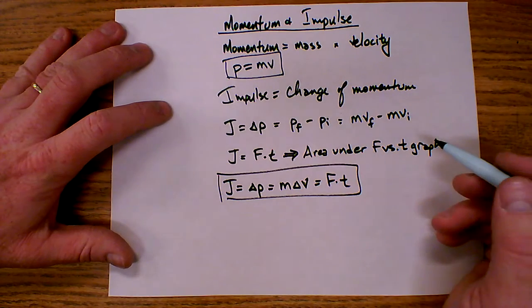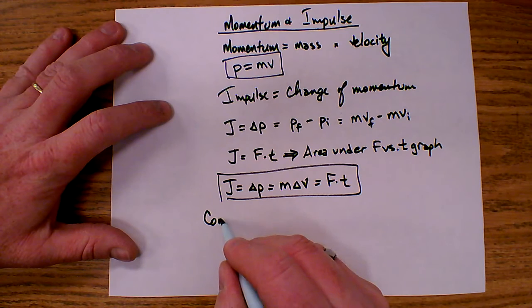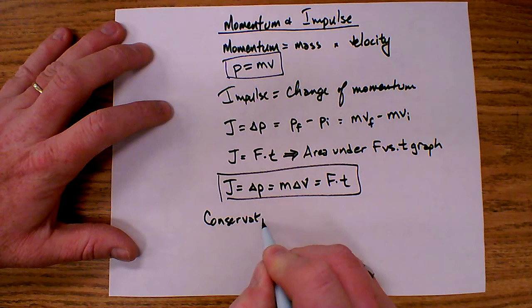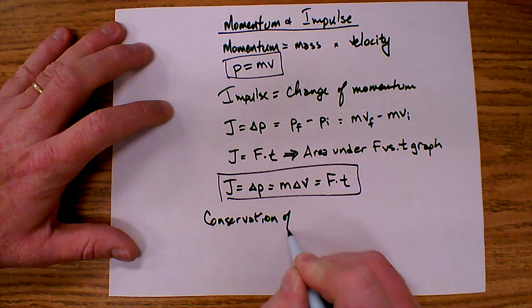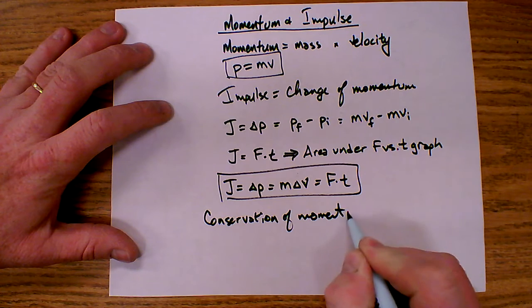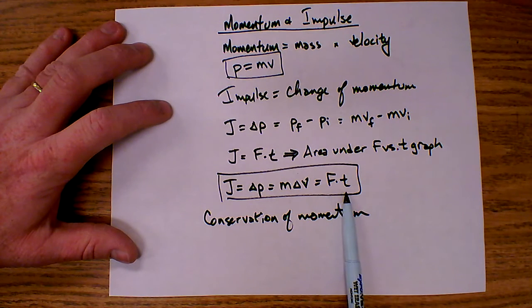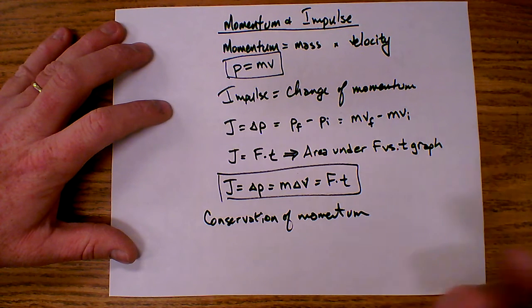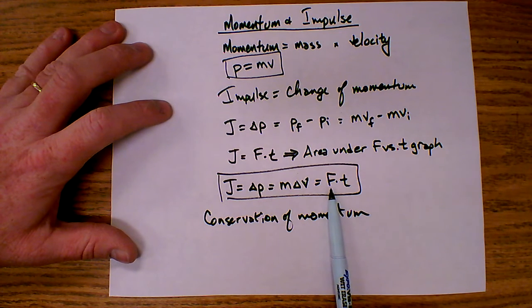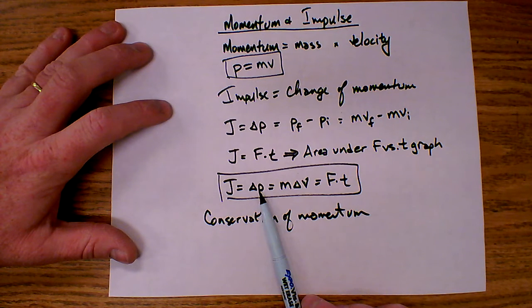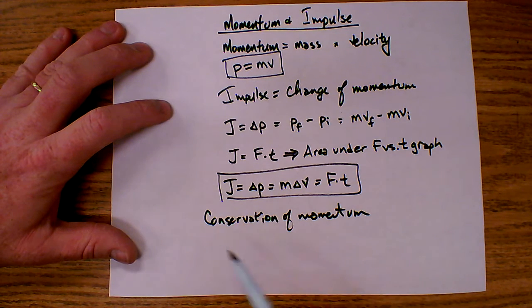We also know that momentum is conserved, so we have conservation of momentum. That is implied in this formula right here, that the net force multiplied by the time is equal to the change of momentum. So if we have a system of objects and there is no external net force, then the change in momentum must be zero, which implies that momentum must be conserved.